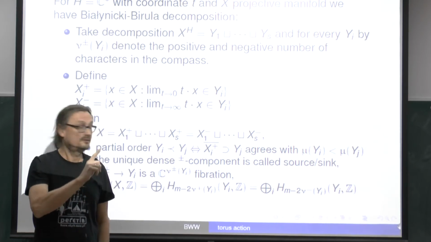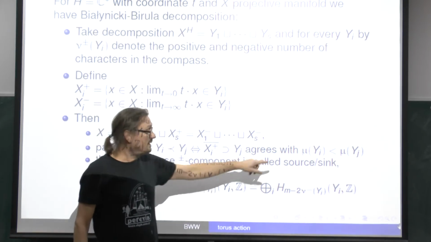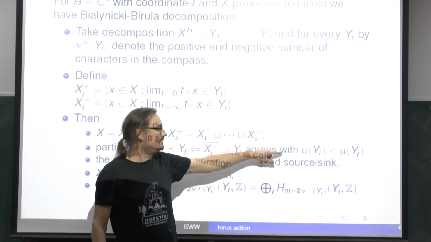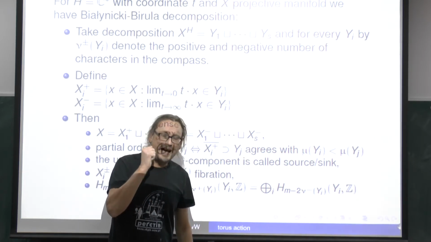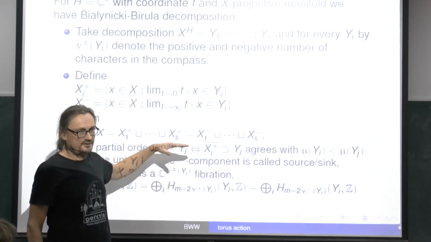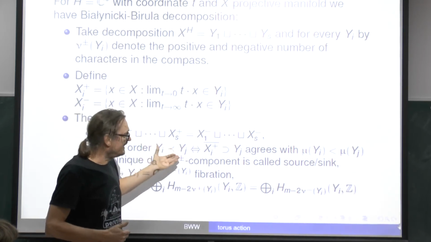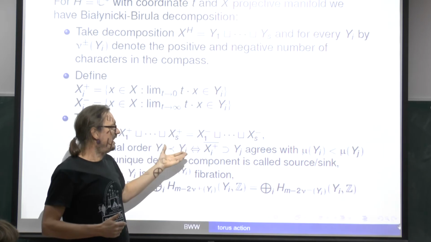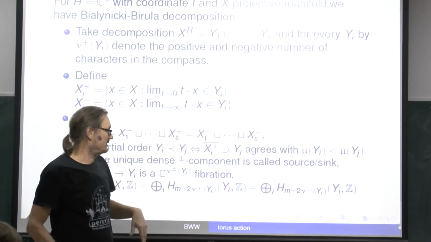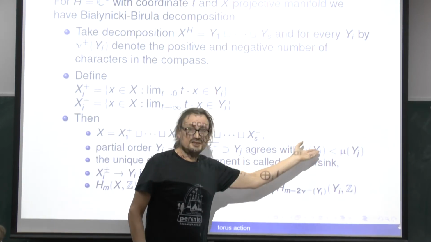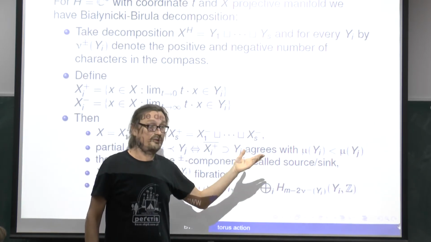And what is more, now the important part, here in the assumptions I didn't make any mention of this L. But if I assume that I have an ample L, then this partial order, the order in which the bigger component consists of those points which are in the closure of the other component, right? Then this agrees with this order determined by the linearization of an ample line bundle.